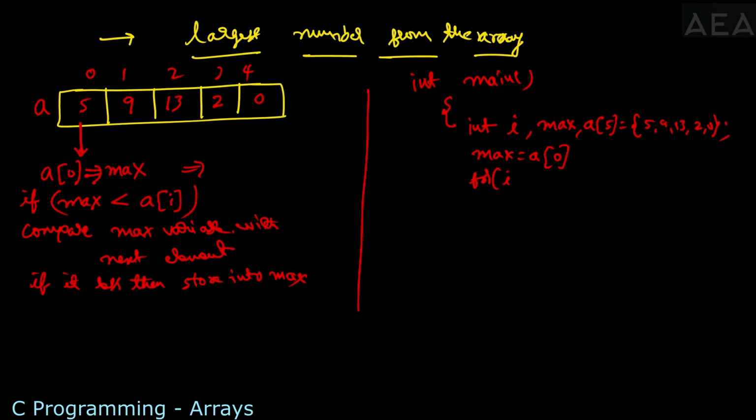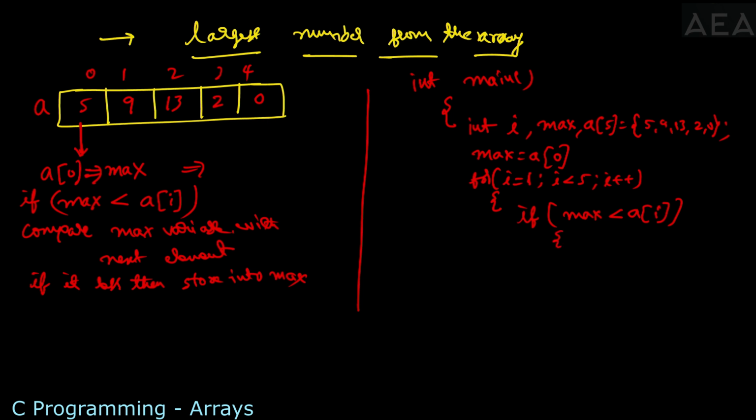Now for I is equal to 1 I am writing, not from 0, because already one element is stored into the max, so we have to compare these array elements from the next number onwards. So I is equal to 1, I is less than 5, and I plus plus. Within this I am writing one simple condition: if max variable is less than a of I. Now what is I value? I value is 1 initially. Max variable is the first element, 5. 5 is less than 9.